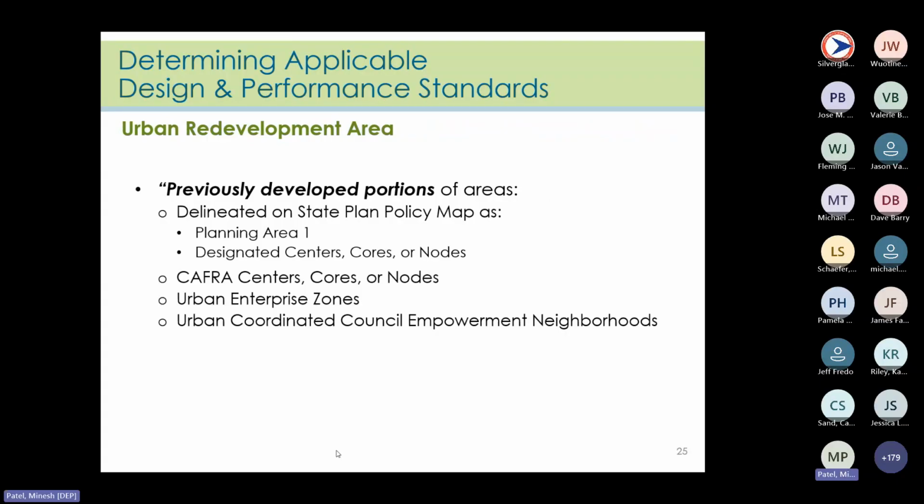It is important that the reviewer is aware of what urban redevelopment exemptions are and where they can be applied. Urban redevelopment exemptions can only be granted to previously developed areas of a site. The existence of woody vegetation is a telltale sign of whether this exemption can be granted.